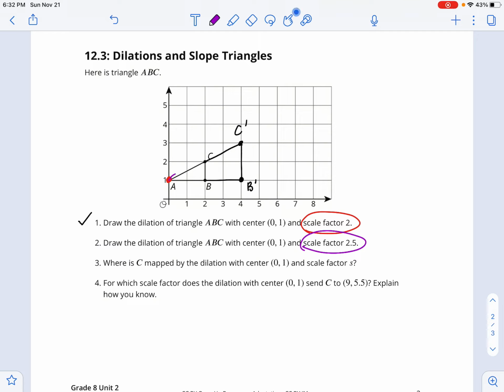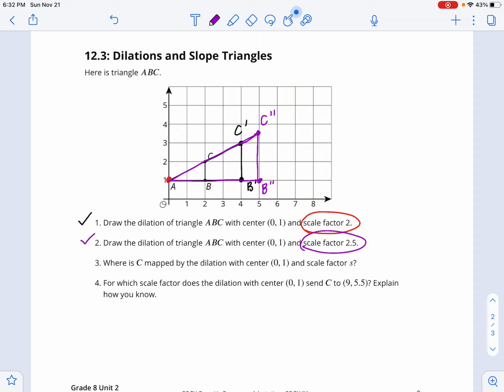So in the first dilation, B started as 2 spaces away and became 4. This time we're multiplying those 2 spaces by 2.5, so it ends up 5 spaces away. And I'm just going to call that B double prime. And then C is also going to end up being, instead of 4 over and 2 up, 5 over and 2.5 up. C double prime. So we've got our next triangle, and that would be an entire triangle in purple there.